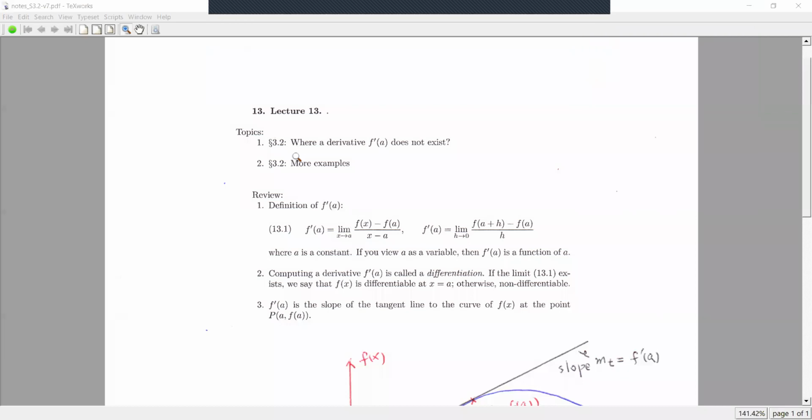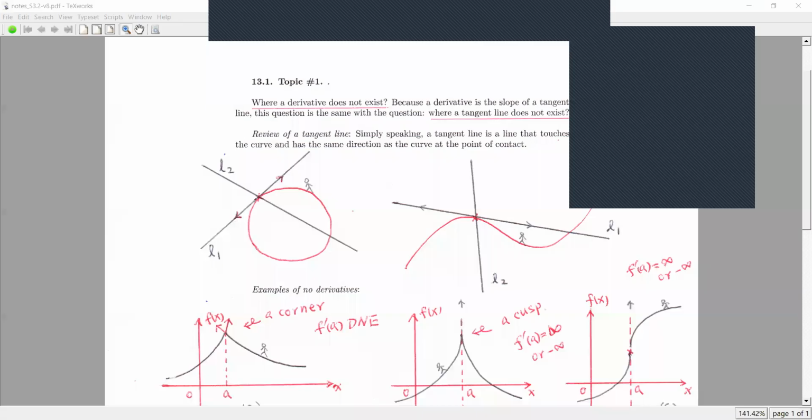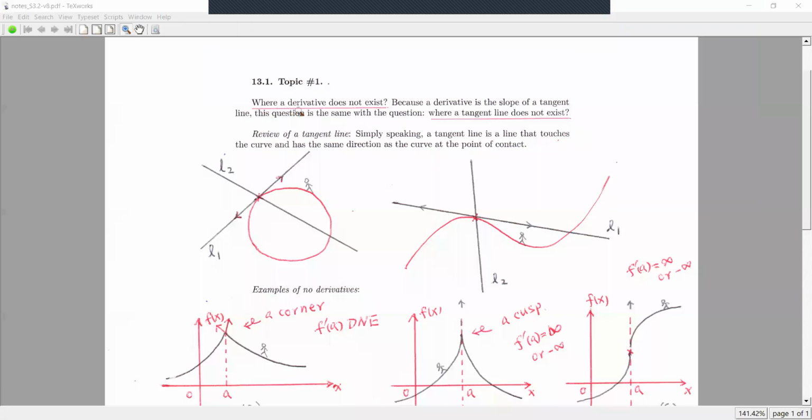Now, topic 1, where a derivative doesn't exist. Because a derivative is the slope of a tangent line, this question is the same as the question where a tangent line doesn't exist.